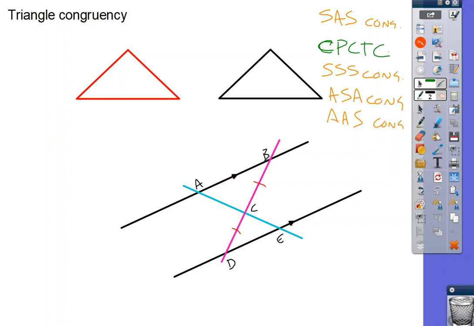Well, right now, from what we see, we only have a pair of congruent sides. But wait! We have two parallel lines and we have transversals. We have some transversal rules that we can use, right? So we know that this angle here is congruent to this angle here. So angle ACB is congruent to angle DCE because they are vertical angles.